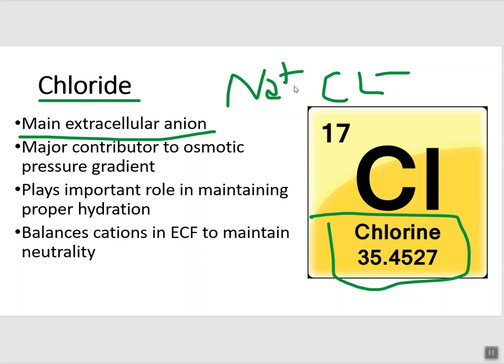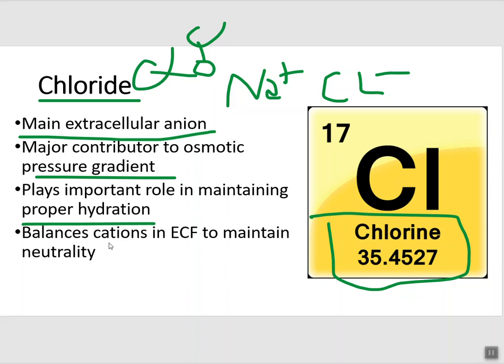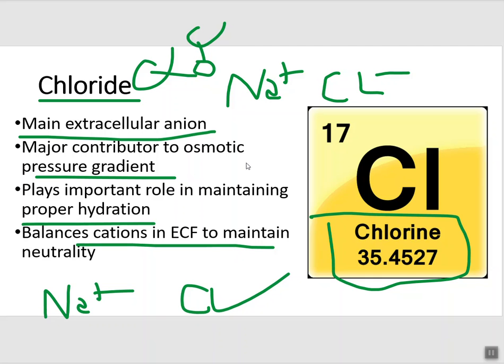The ions that are attracted to each other, held together by electrical attractions, are moved apart because of the attraction of the water molecules around them. But this is the other half of that osmotic pressure gradient. It helps us to maintain our hydration along with sodium, and balances the cations. So if I have a lot of sodium, and I do, then I need a lot of chloride to balance that. Otherwise, we'd have a voltage between different areas of the ECF, and that would be a bad thing.